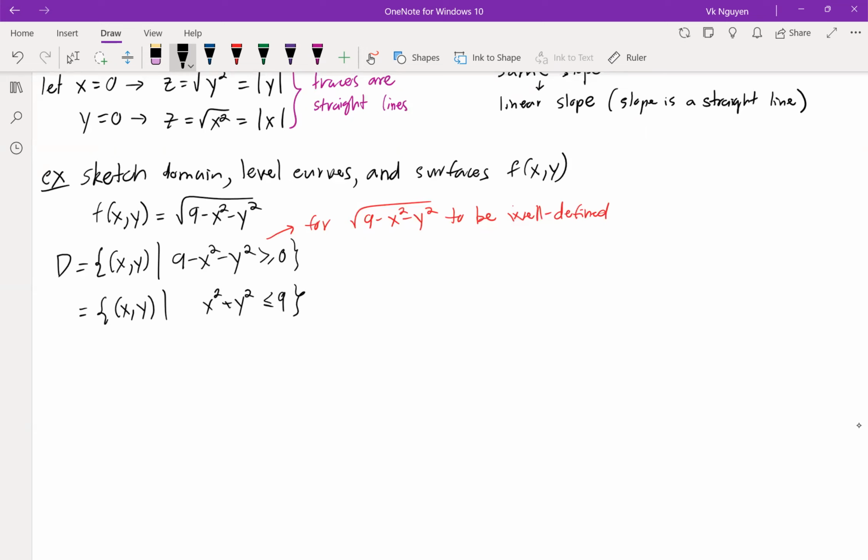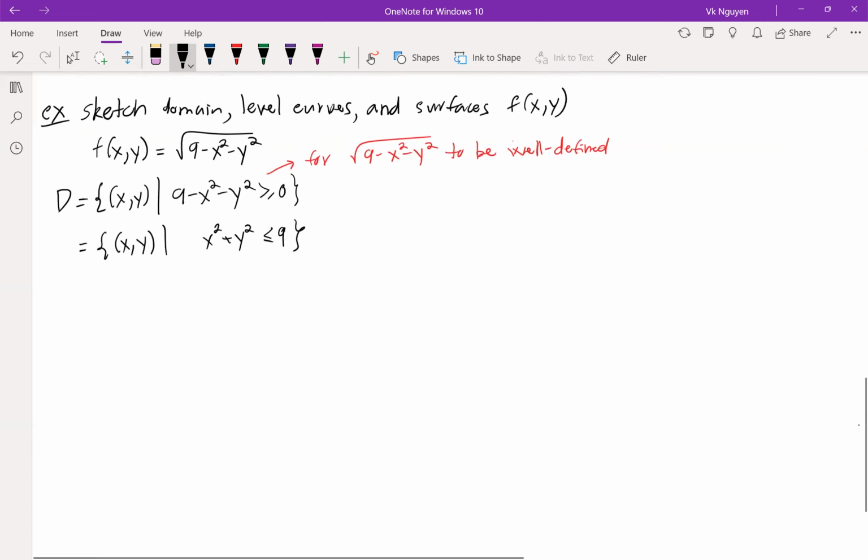Oh, what do we have here? What we have here is very important when you get to chapters 15 and 16, when you do the volume and the mass of a 3D object. Okay, I'm gonna sketch out the domain here. Domain is (x, y). We have two layers. One is this circle of radius 3.